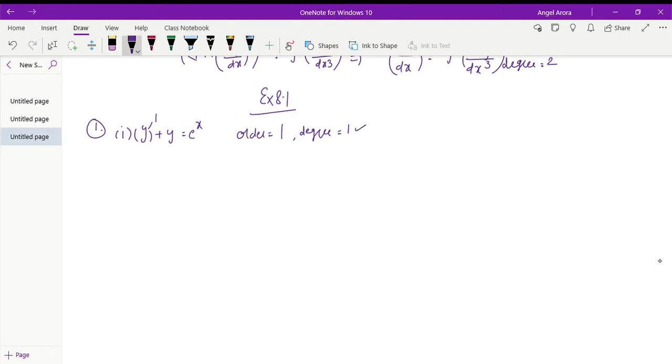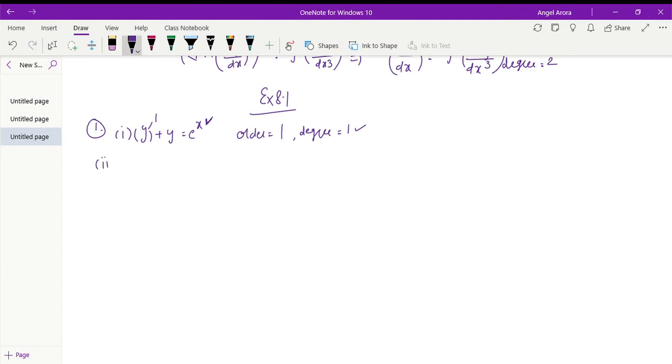Although e raised to x has been given here, and I told you that all the terms involving derivatives should be free from e, this term doesn't involve any derivative, so we will not consider this part. So the degree will be defined and will be 1.